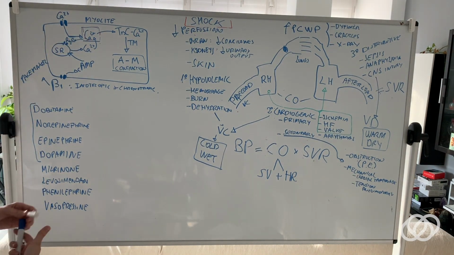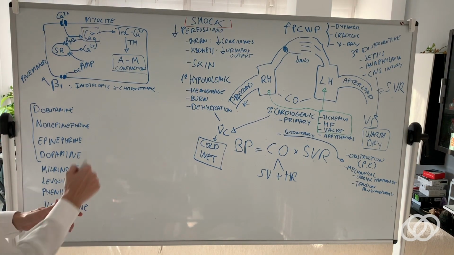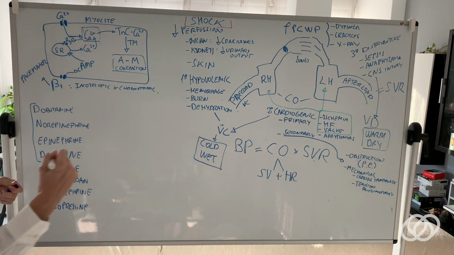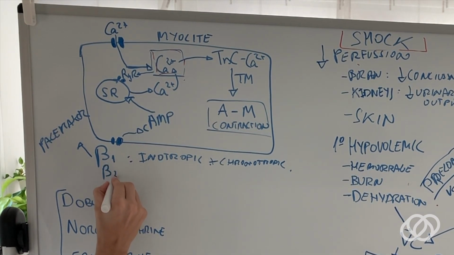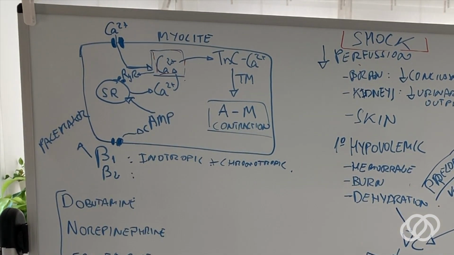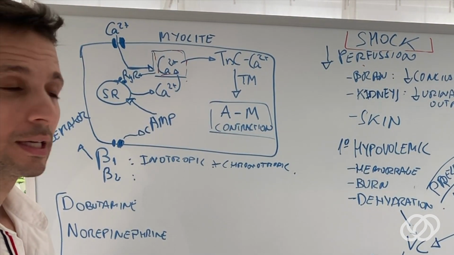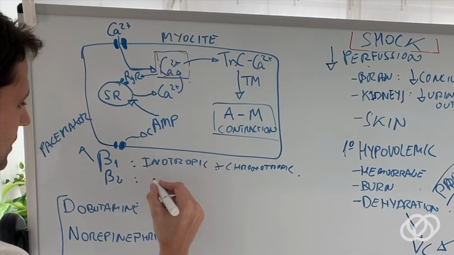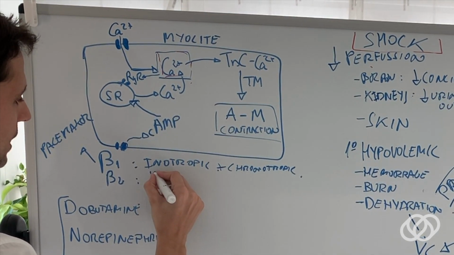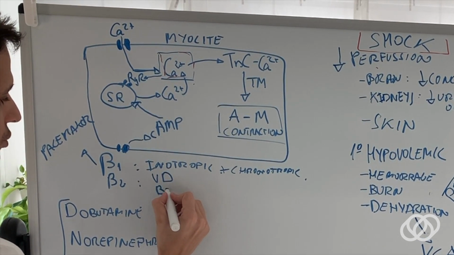We must say that all those drugs not only act on the beta-1 receptors, some of them also act on beta-2 receptors. Those beta-2 promote the release of calcium in the smooth muscle cells, and it leads to vasodilation and bronchodilation.